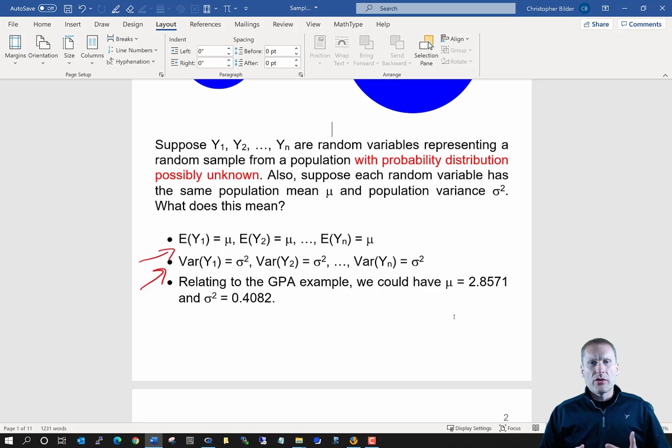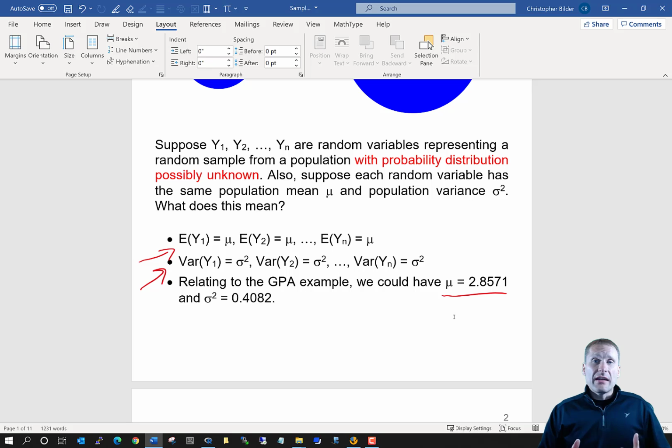Now, just to make sure you understand what these symbols mean, this mu is going to be an actual numerical value. It could be, let's say, 2.8571. Sigma squared could be 0.4082. And we're going to actually use those values later on when we talk about a GPA example, where maybe our population represents all college students on campus, and we're interested in eventually estimating their mean GPA, where beforehand we might not necessarily know what that is.